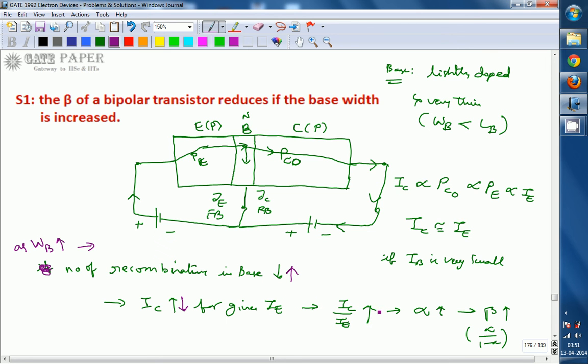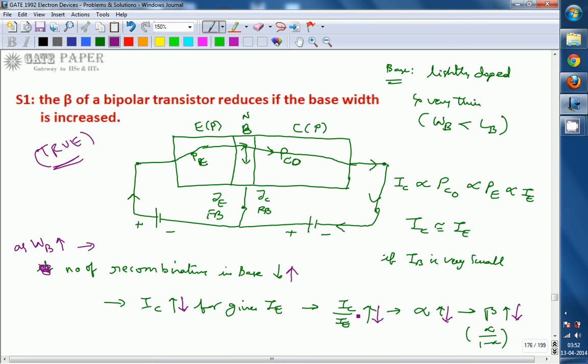By that time the IC by IE value reduces. Whenever this reduces, the alpha value reduces, and beta reduces. So beta of a bipolar transistor reduces if the base width is increased. So statement 1 is true.